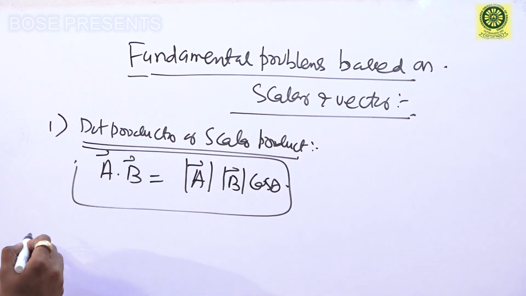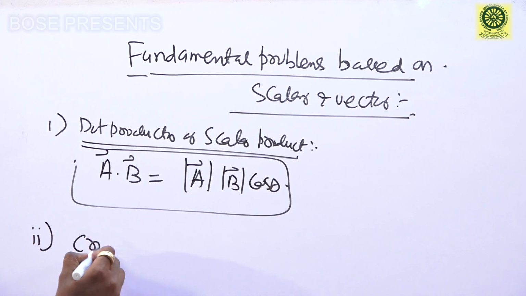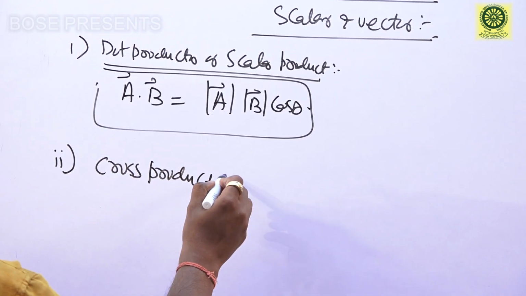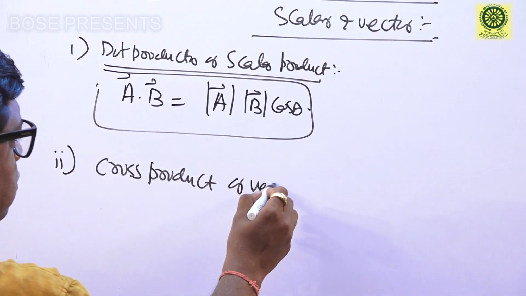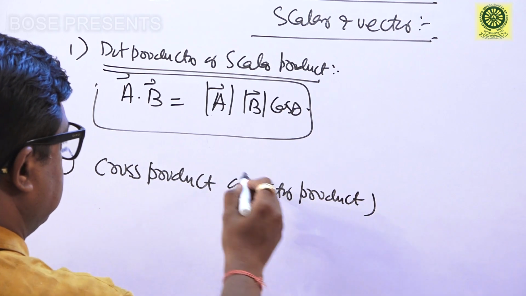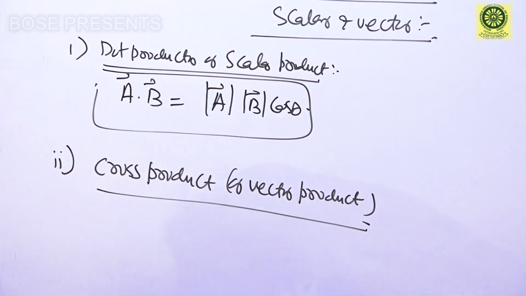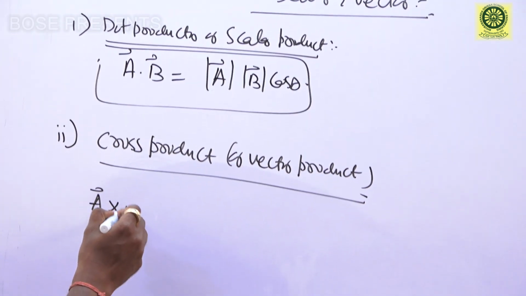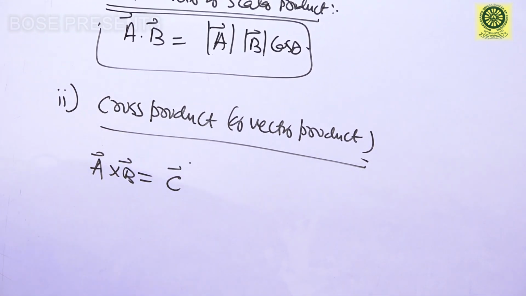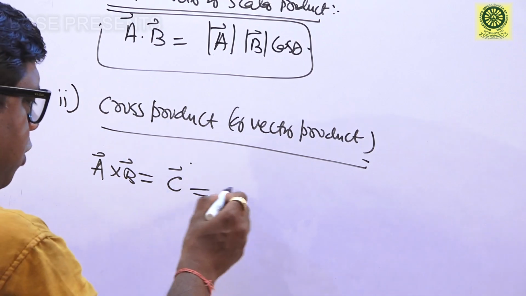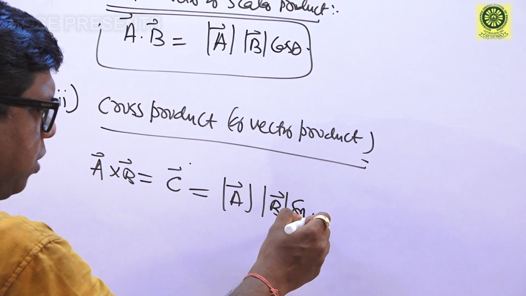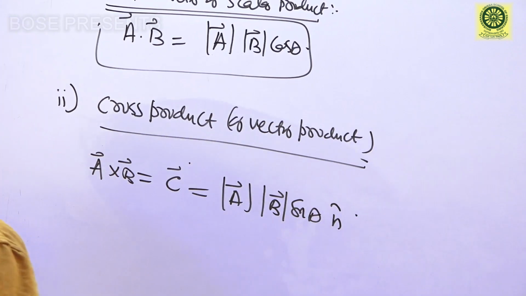Next is the cross product, or vector product. That is A cross B is equal to a vector C, which is equal to the product of the individual magnitudes, A magnitude, B magnitude, sin theta and n cap.